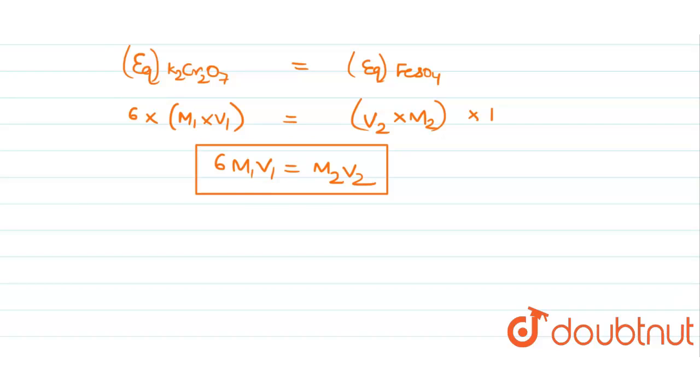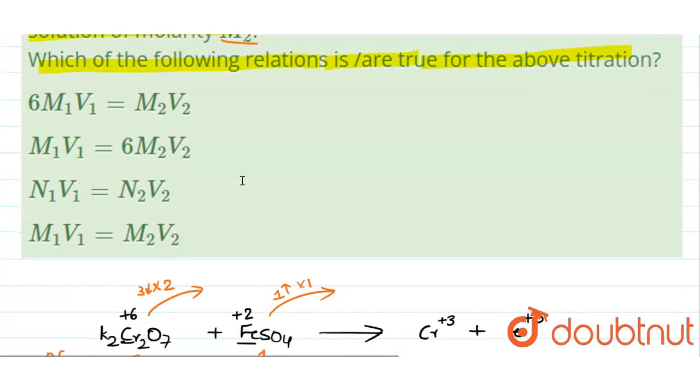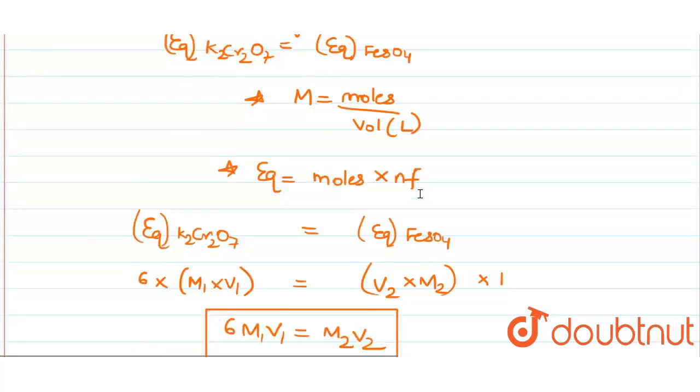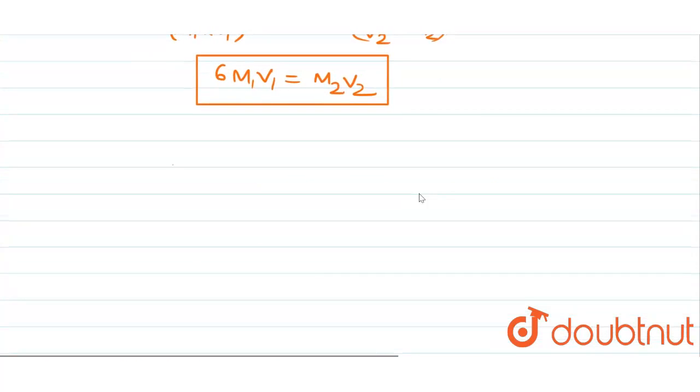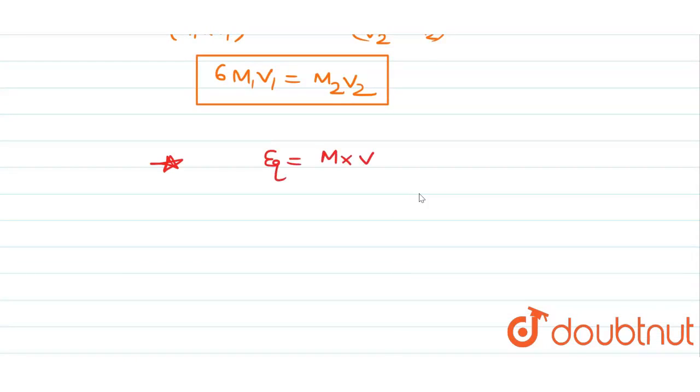After this, we have been given one answer in terms of normality over here. We need to also check this. So now we need to know one more formula, that is equivalence is equal to molarity into volume, that is moles into n factor. So now what we need to know is normality into volume is equal to equivalence.